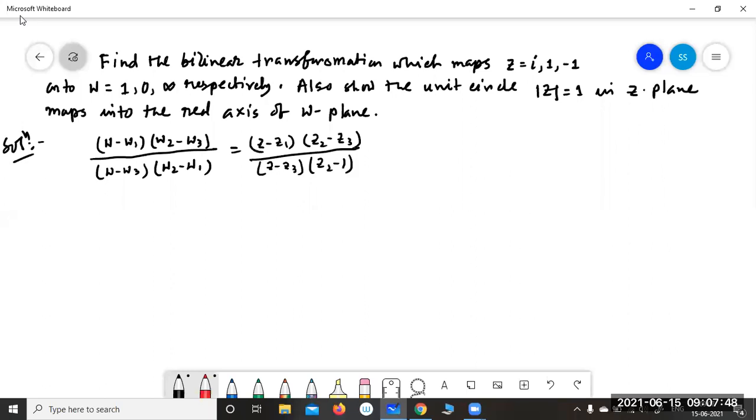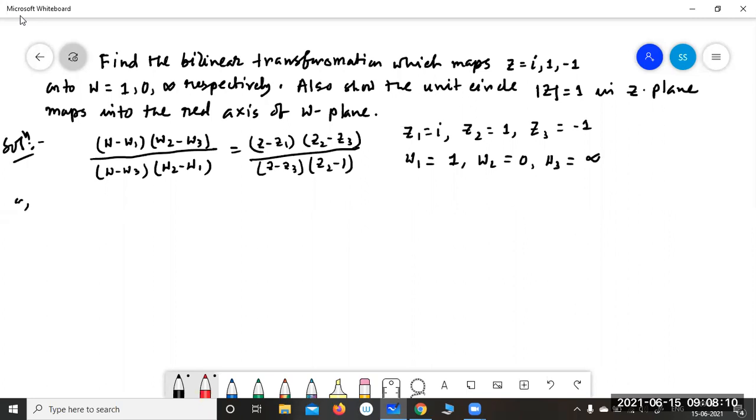Right? This is the formula of bilinear transformation. Here z1 equal to i, z2 is given as 1 and z3 is given as minus 1. w1 is given as 1, w2 is given as 0 and w3 is given as infinity.